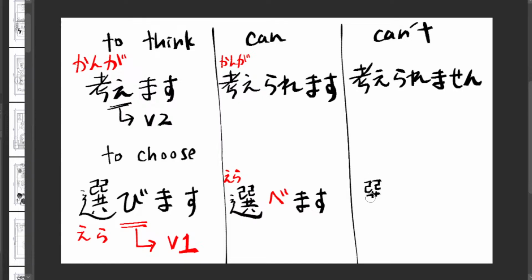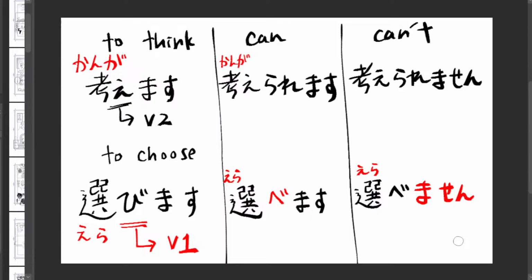Example: メニューが多すぎて選べません。There are too many things on the menu, so I can't choose. 選べません.